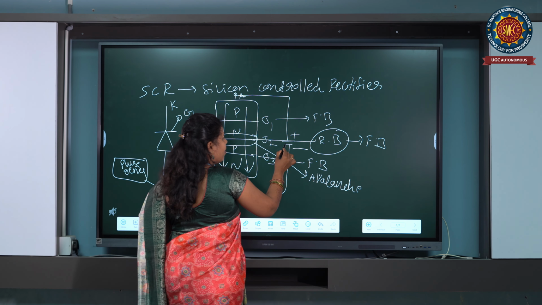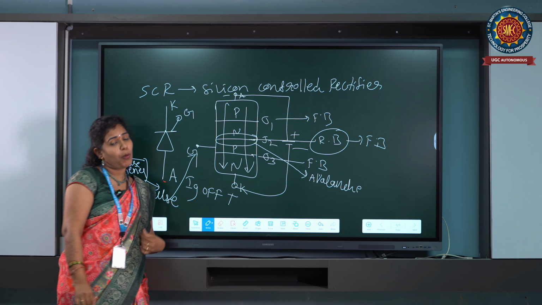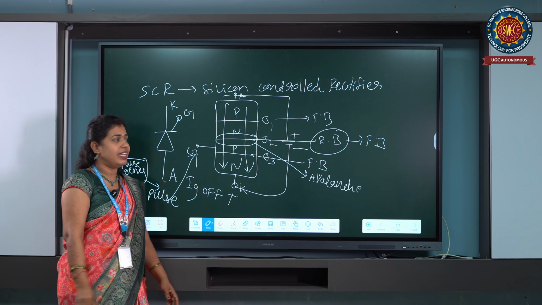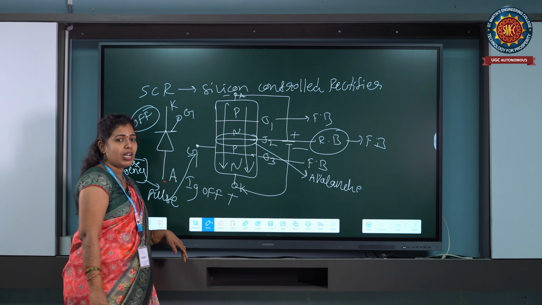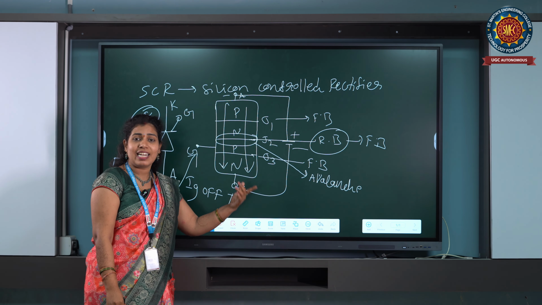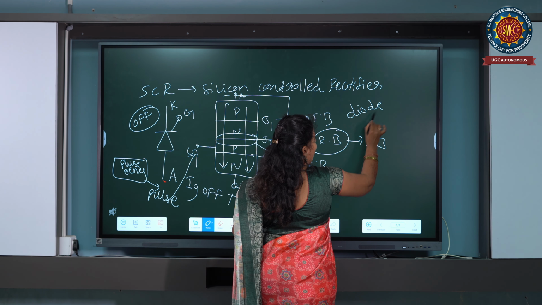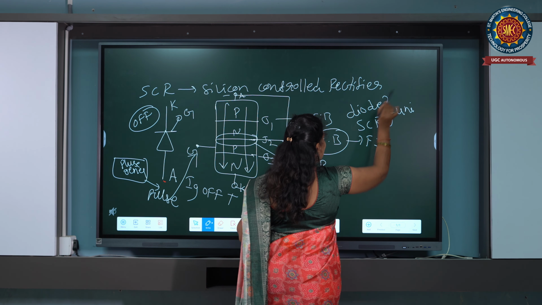If we reverse the voltage, meaning anode is negative and cathode is positive, the thyristor does not conduct; it stays in the off state, because the thyristor is a unidirectional device like a diode. Both SCR and diode are unidirectional devices.